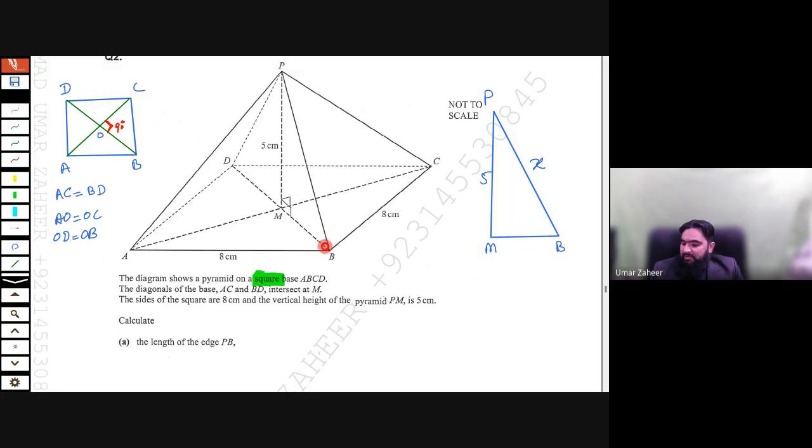So now look at here. BM is part of this right angle triangle BCD, and we know that it is 8 centimeters. It is 8 centimeters as well because it is a square. So we have the lengths of two sides. We have to find the third one.